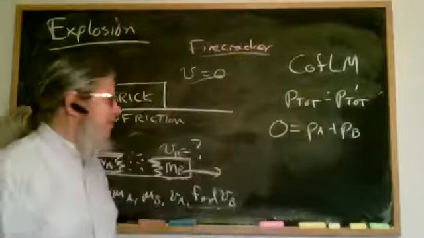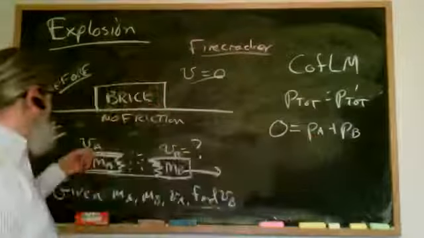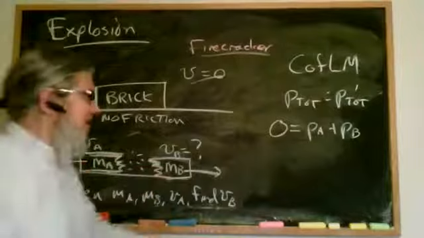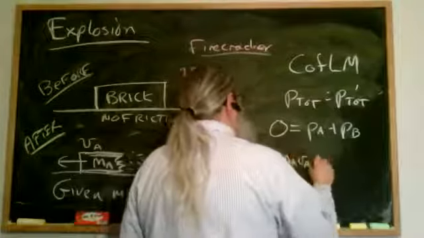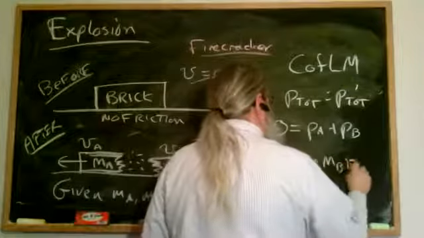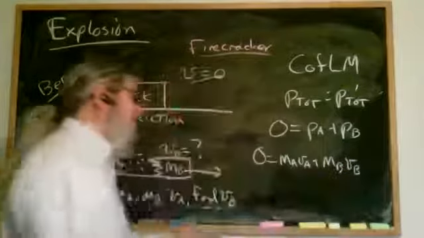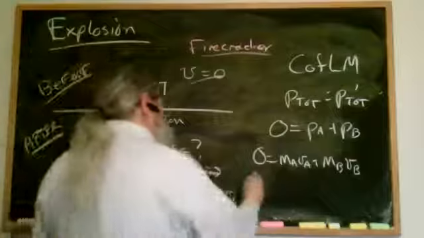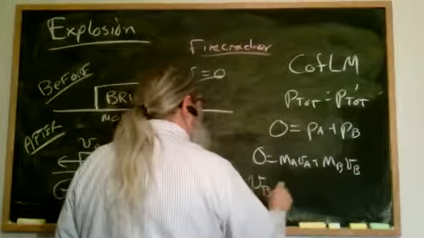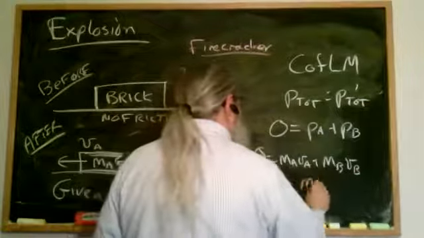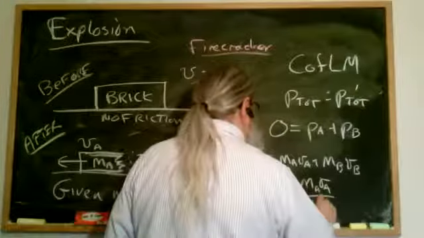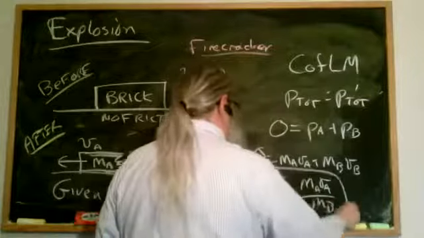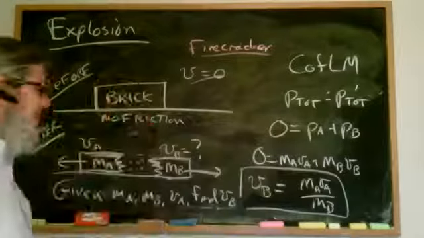Then I can plug in m_A and m_B, so 0 equals m_A v_A plus m_B v_B. Everything I know is in terms of things I don't know, I mean the other way around. I just solve for v_B, and that's equal to minus m_A v_A over m_B, which is a pretty familiar looking result.